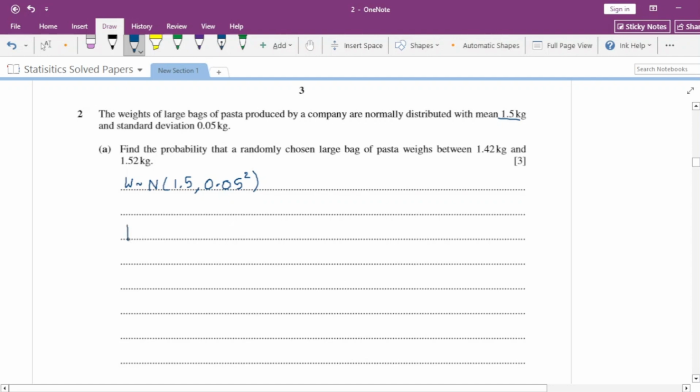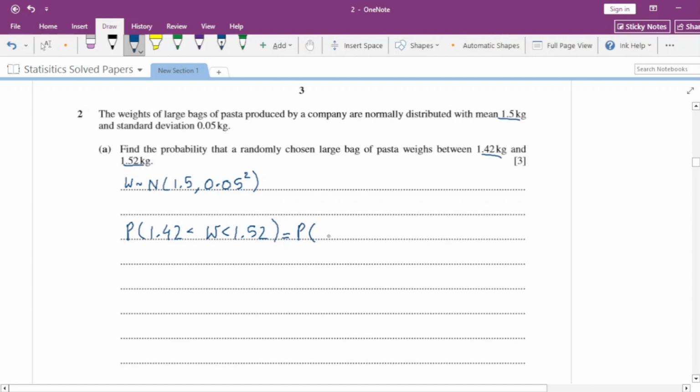Next, it's very important to write what statement you're going to find the probability for. We want to look for the probability that the weight, which I've denoted as W over here, is greater than 1.42 and lesser than 1.52, since we want the weight between these two values. All right. Now we always split these large probabilities down into smaller probabilities.